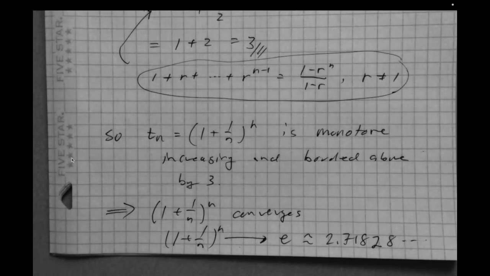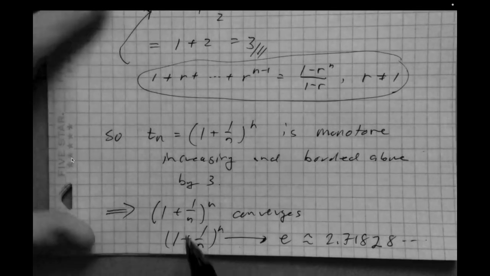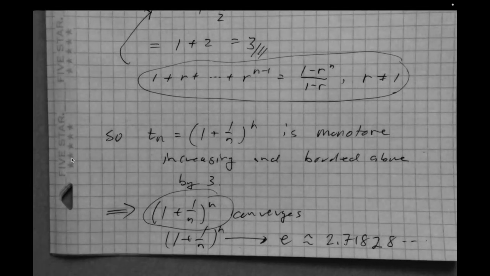So again, we're not proving what that limit is, but you can see that the fact that a limit exists is clear from the fact that this sequence here is monotone increasing and bounded. Okay. All right. Very good.